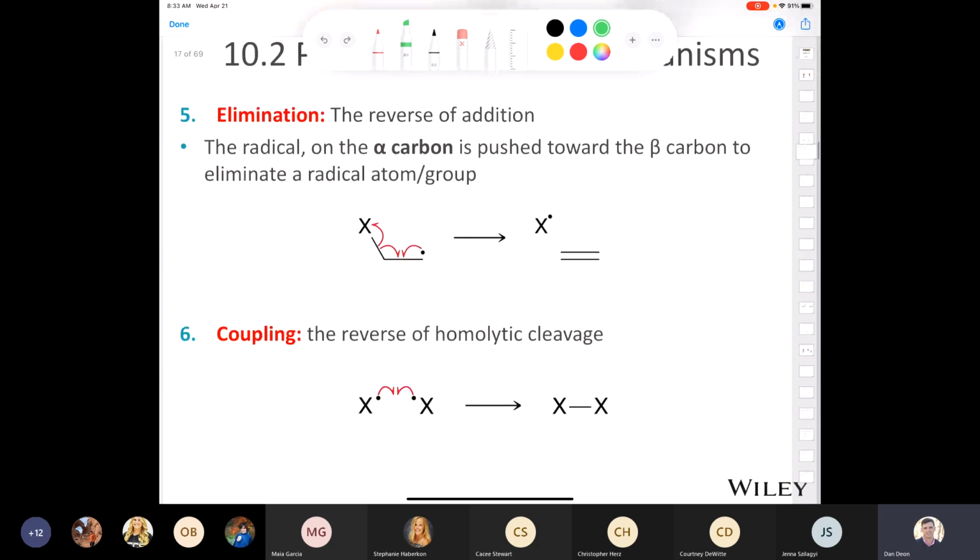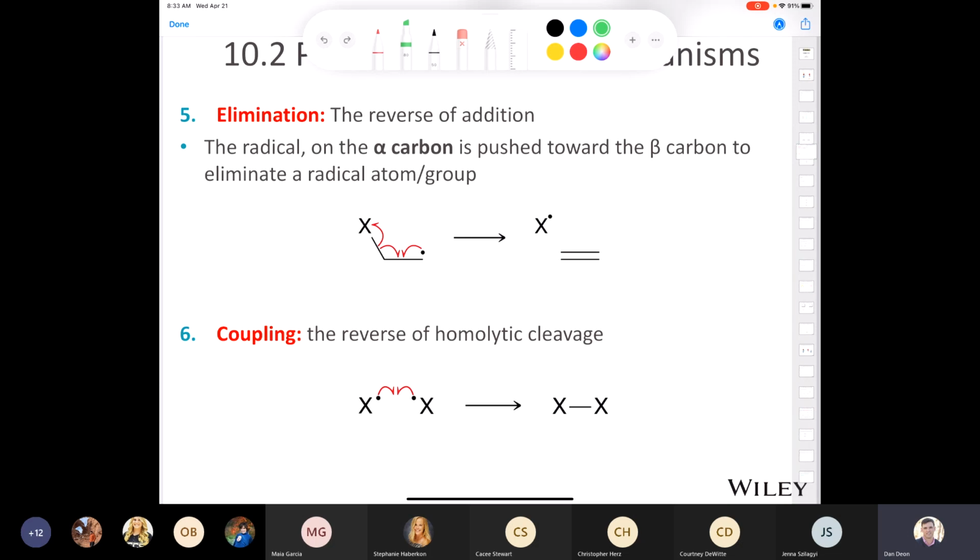There's 2 more. The next one is an elimination. That's where you take a radical and you do an elimination of a leaving group, so to speak, and you end up forming a pi bond. So we form a new pi bond in an elimination, just like an E2 or an E1, right? Those are elimination reactions. You always form pi bonds. And the last one is a coupling, and that's where 2 radicals come together to form no radical.